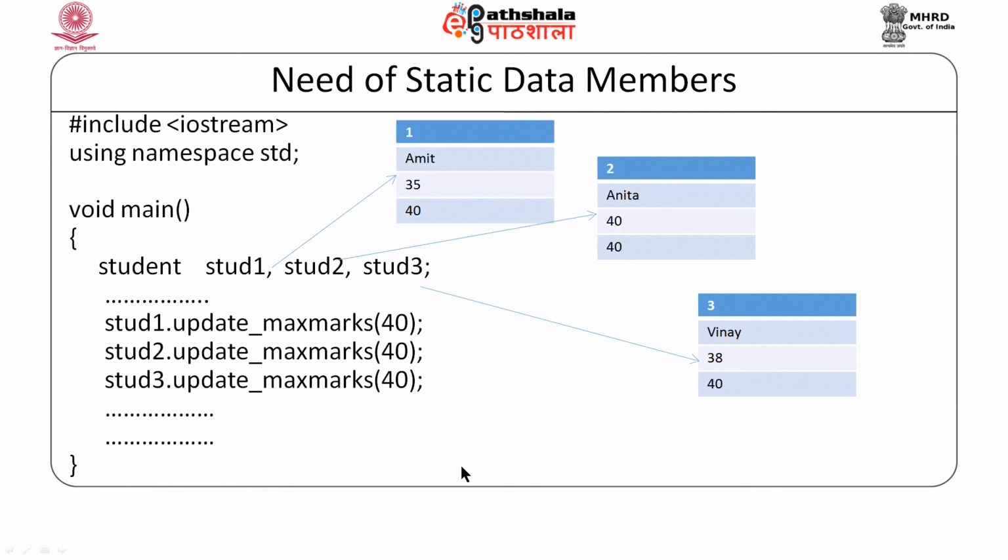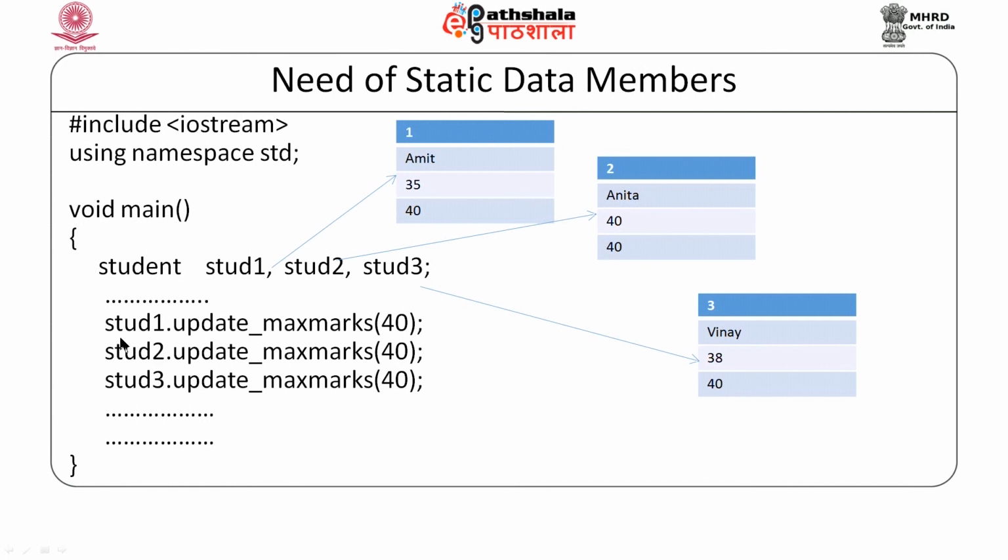How do I do that? I will have to go and say stud 1. Now can you see why we had this particular function update max marks? Because we can use this to update the marks. You would recall that the max marks data member is private. So, from main function I cannot directly update it, but I can have a function update max marks using which I can update the max marks. So, what I would do?